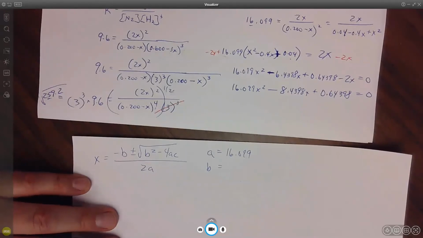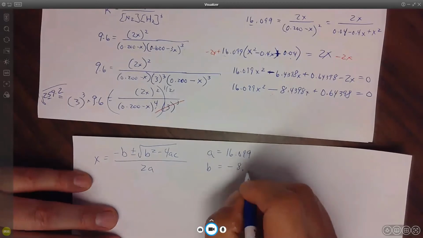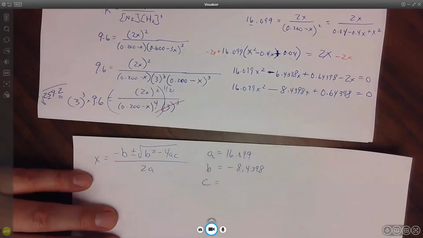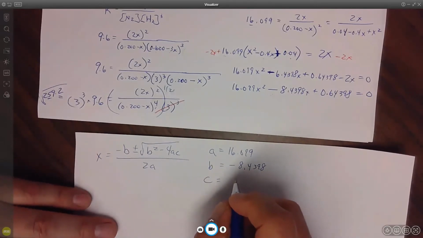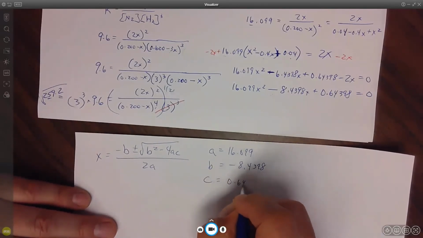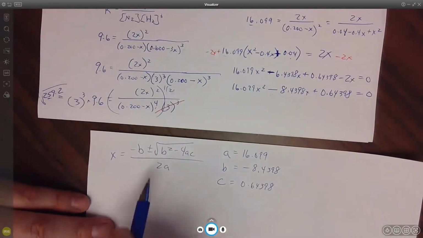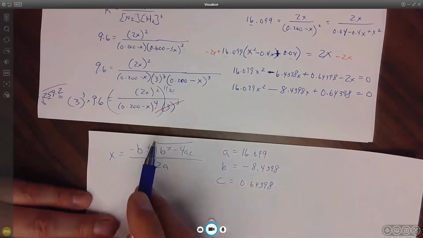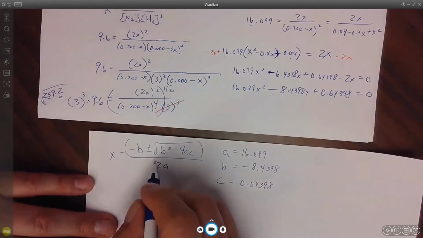Negative 8.4398. Exactly. Again, remember it's negative 8.4398. And my value of c? 0.64398. Yep. So you're going to plug it in once with a plus sign, once with a minus sign. Make sure this is all in parentheses when you put it into your calculator, and then divide it by 2a.